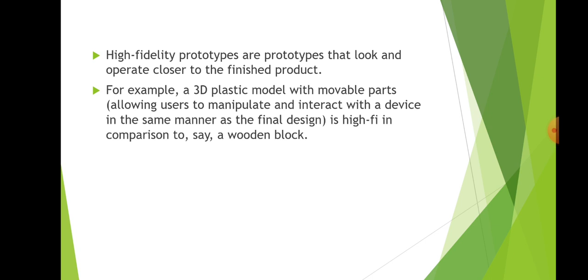These are types of prototypes that look and operate closer to the finished product. For example, a 3D plastic model with movable parts, allowing the user to manipulate and interact with the device in the same manner as the finished final design, is high fidelity in comparison to a wooden block.